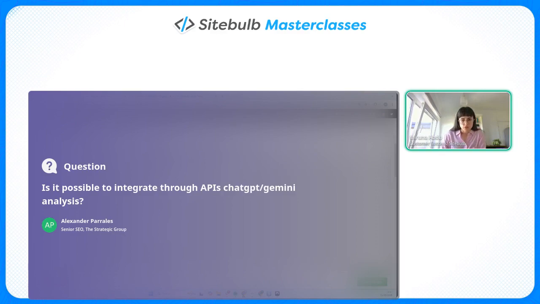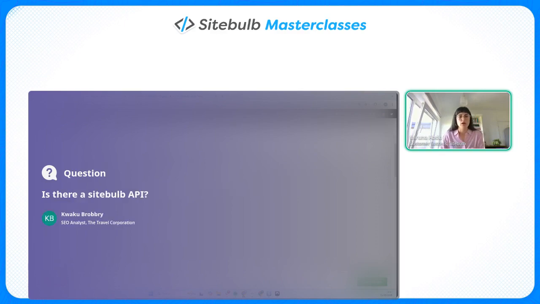There is another question here about APIs. So what you can do with Sitebulb are things like webhooks to be notified when your crawl starts and to be notified of different stages of the crawl.